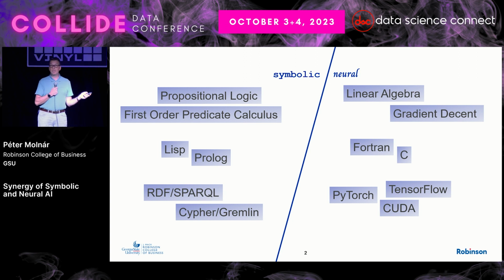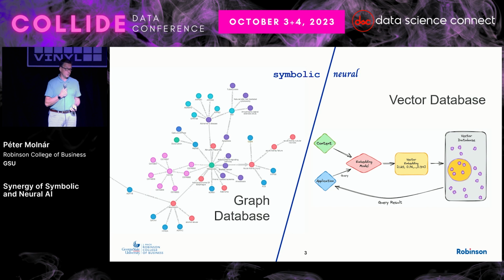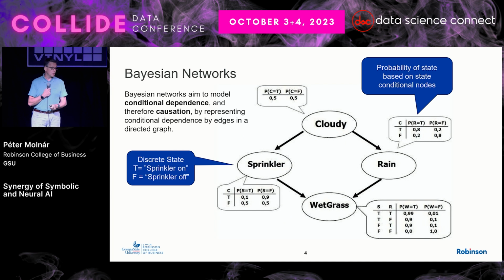On the symbolic side, we haven't really seen these technical breakthroughs yet, but I wouldn't count it out that it hopefully happens at some point. In symbolic, for example graph databases, we have entities, nodes, and relations, vertices between them. On the neural side, we're always thinking vector space, so vector databases come in.